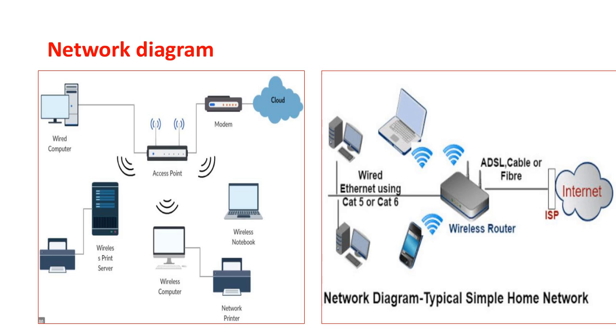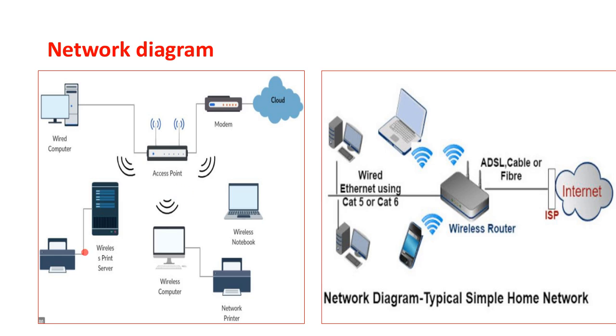Now, from our presentation here, you can see that there is a network diagram, and it is simply illustrating the definition of what we just talked about. We have defined a computer network as simply a group of connected computers, and the connection could be either wired or wireless.